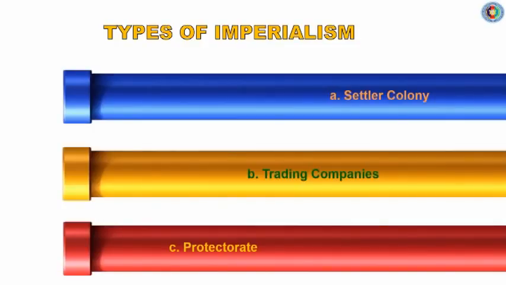Second is trading companies. The countries were governed by a foreign power. For example, France and Germany would be the head of the government for their colonies. The state granted private companies large territory to administer.